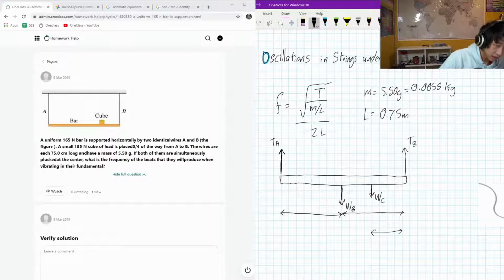Let's say this distance is L, so this would be 2L, and the whole thing would be 4L.